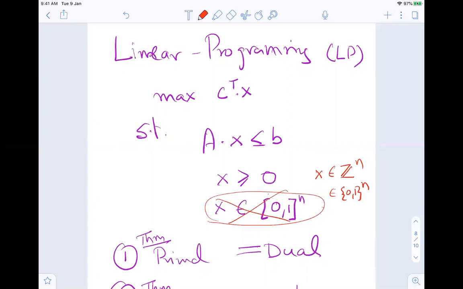Now we go from reals to discrete, and there things are very hard.